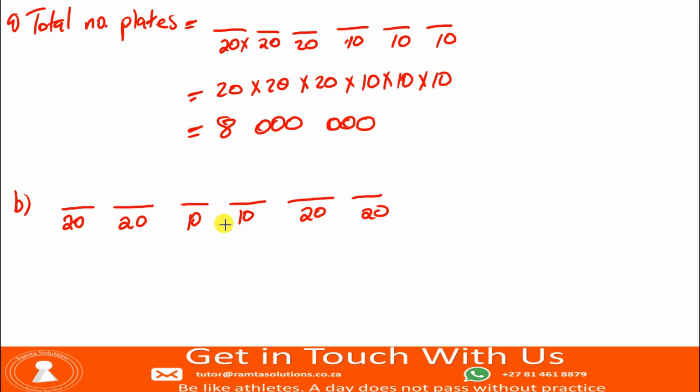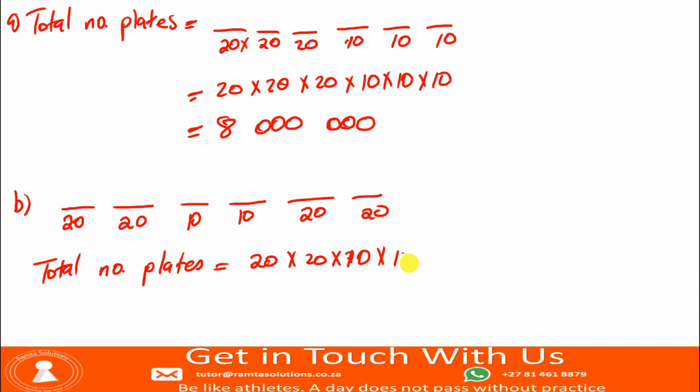I'm saying 20, 20, 10, 10, and 20, 20 simply because the letters and digits are repeating. So the total number plates possible is 20 times 20 times 10 times 10 times 20 times 20.